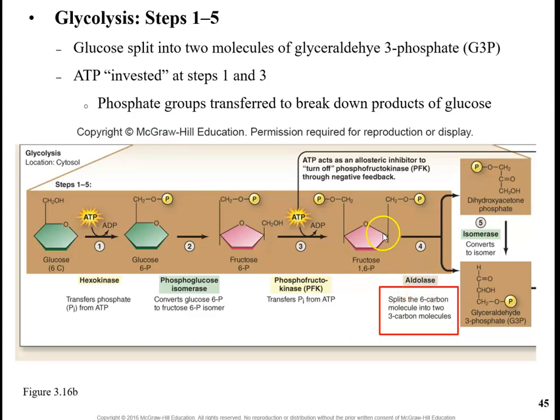Aldolase comes in and it splits this 6-carbon molecule into 2 3-carbon molecules here. And you'll see dihydroxyacetone phosphate isomerizes to glyceraldehyde 3-phosphate, and now you've got 2 G3P molecules.